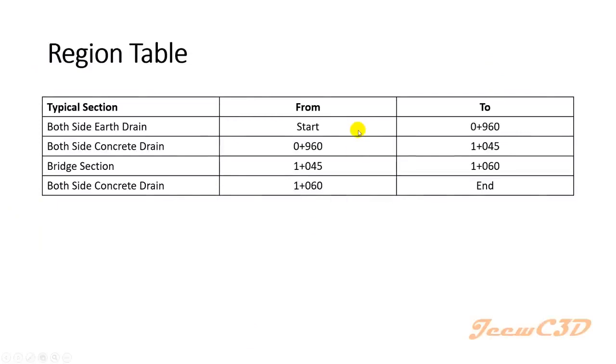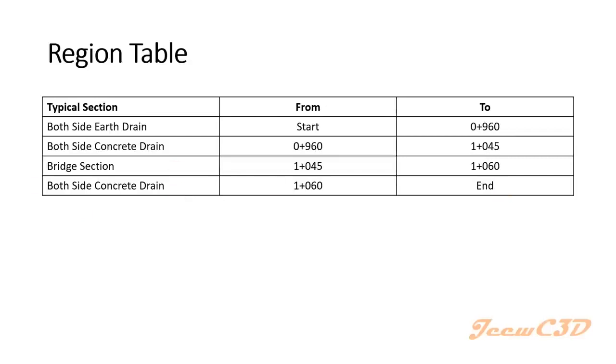You have the road with earth drains from the start to station 960. Then from 960 to 1045, you have both side concrete drains. From 1045 to 1060, you have a bridge section, and finally from 1060 to the end, you again have concrete drains on the road.